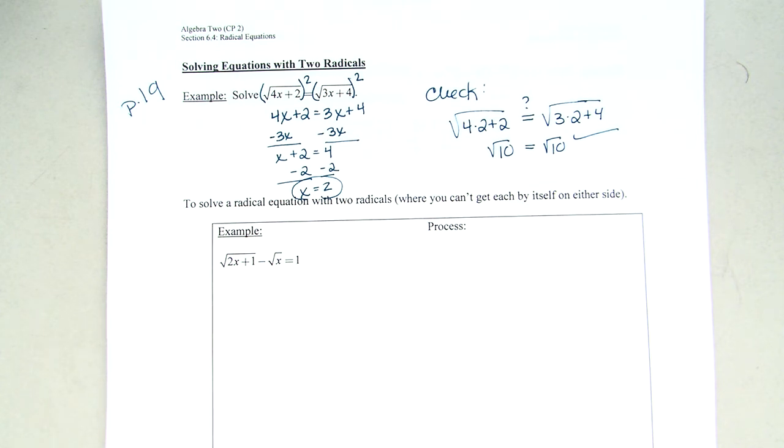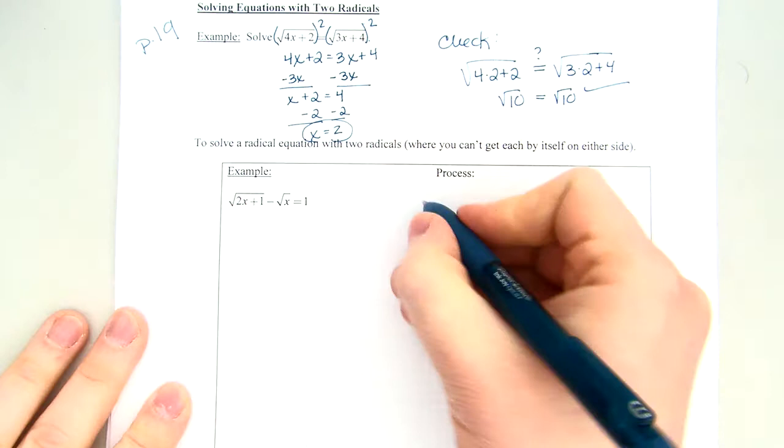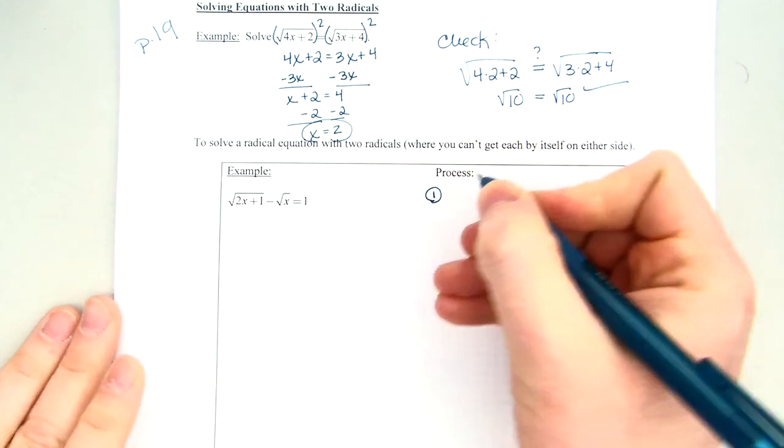Where this gets harder is the next type of problem, where we have two roots, but you can't get a root on the left and a root on the right without dealing with other stuff in the problem. And there's a reason we have a half page of space to do work here.